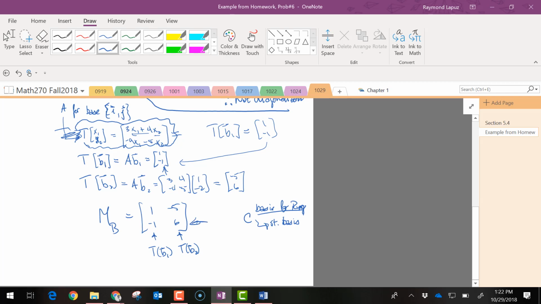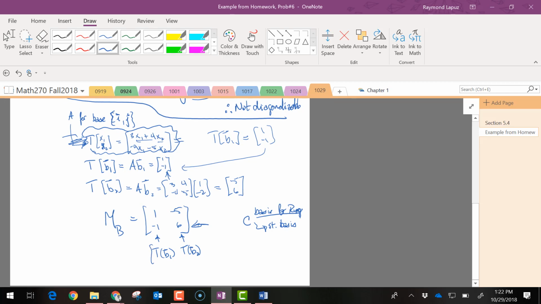This matrix contains the standard basis.